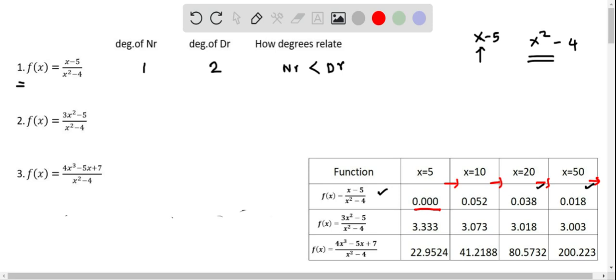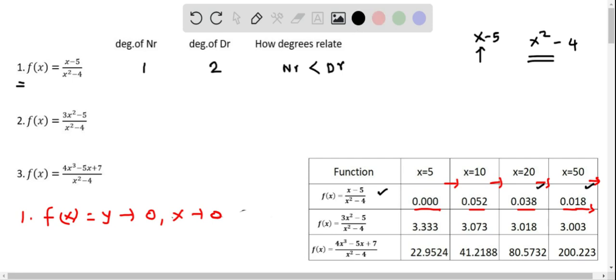After that it is 0.052, and the next values are less than the previous value, so it is basically approaching 0. When x becomes larger and larger, f of x approaches 0. So for the first function, y approaches 0 as x becomes larger. You have answered all three parts of this question for the function f of x.